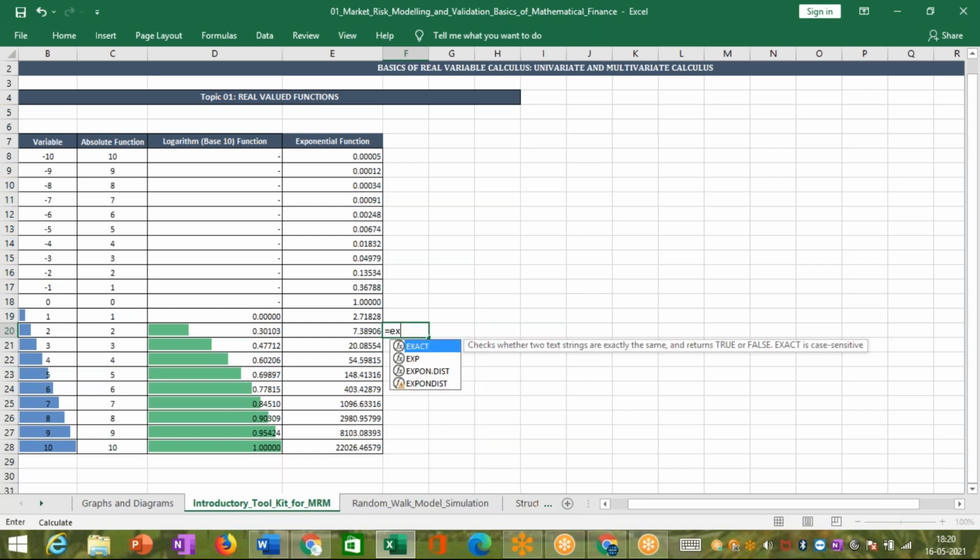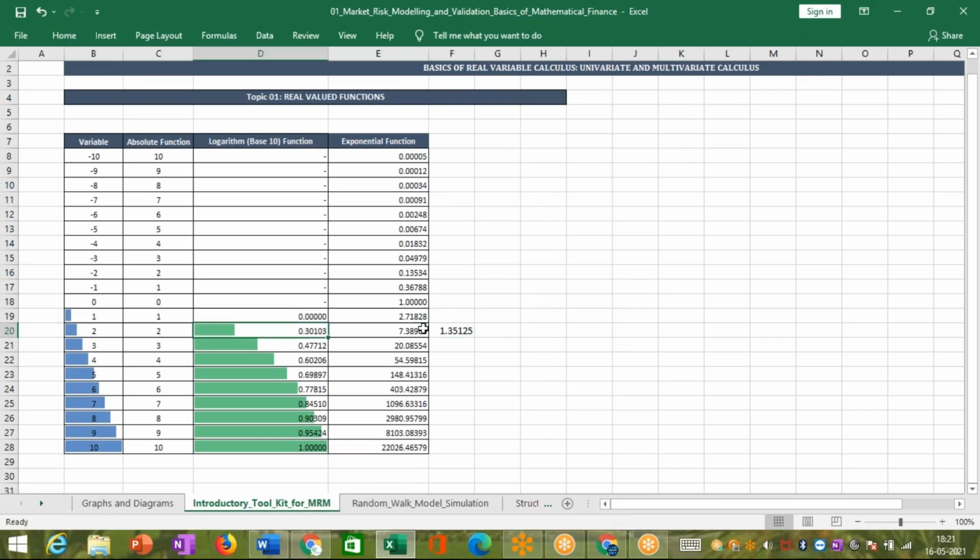So basically what we say is it is the exponential of this value.